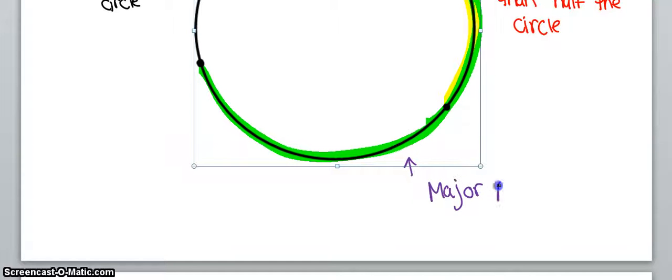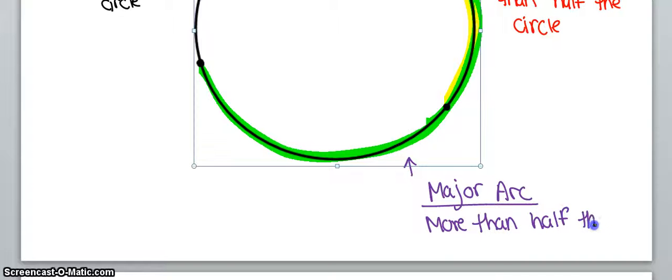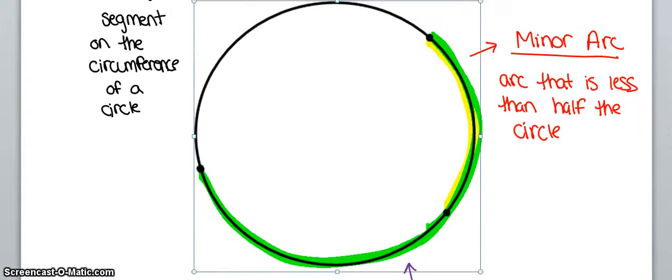Major arc is the green one. The length of it is more than half the circle. This isn't a precise definition, but you get the idea. So the major arc is a long one, the minor arc is a short one.